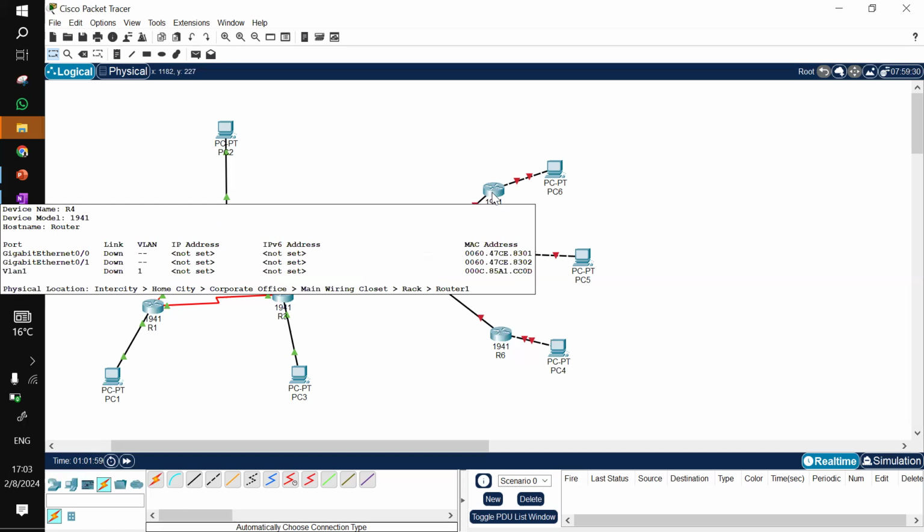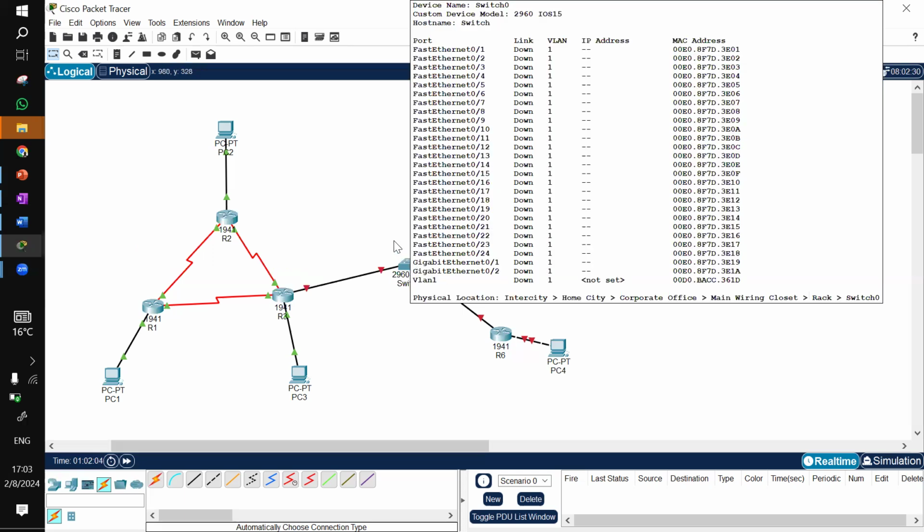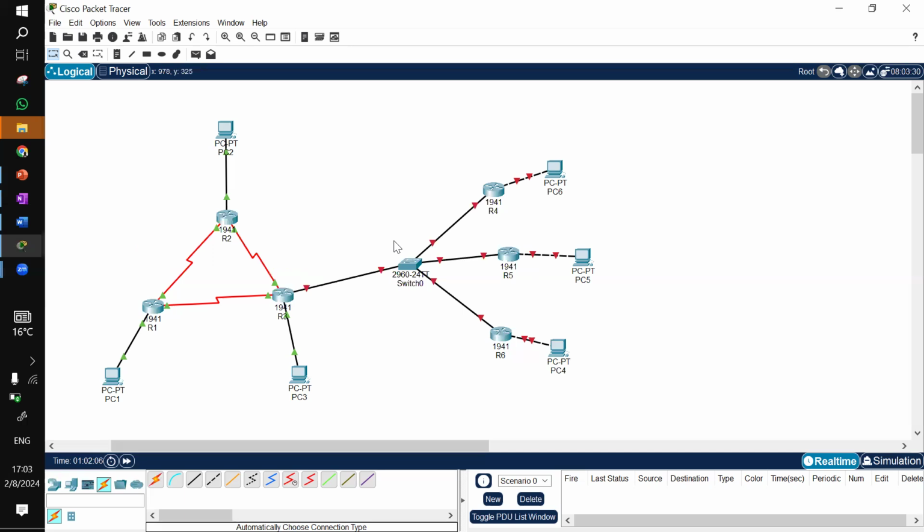How will it share its messages? It will share its messages via this shared medium, which is the switch. And if it's sharing via the switch, it broadcasts the message. So it means it will share with router 4, router 6, and router 3 as well.